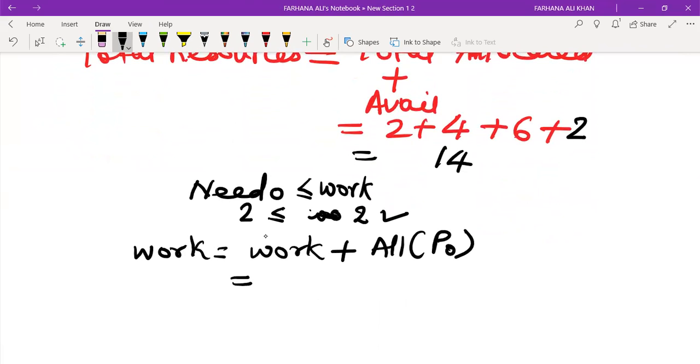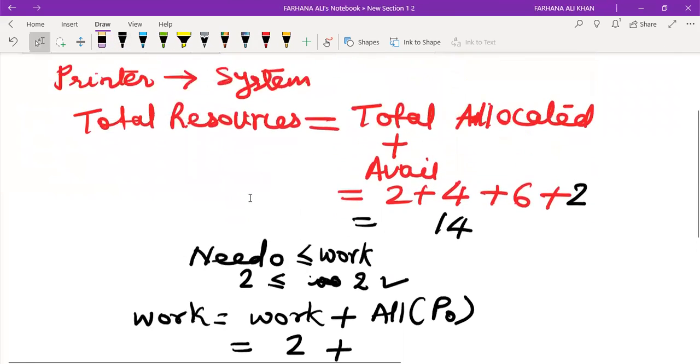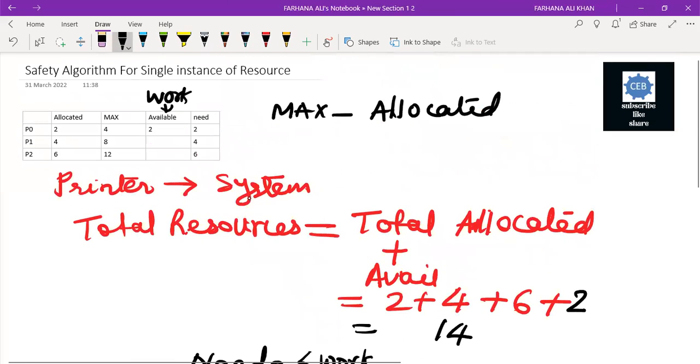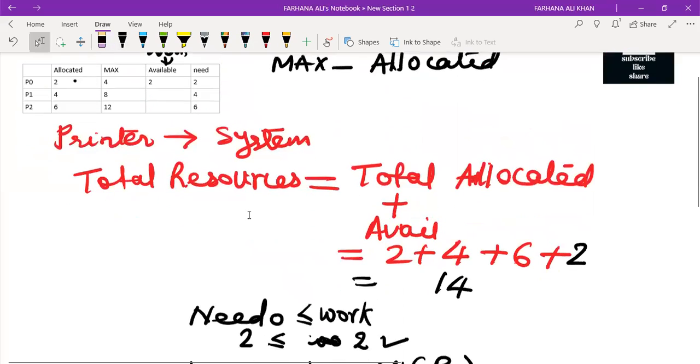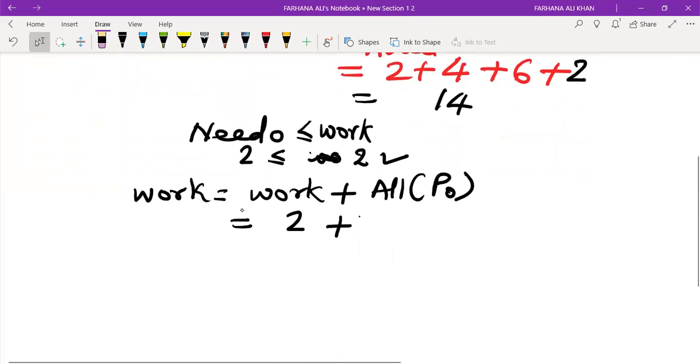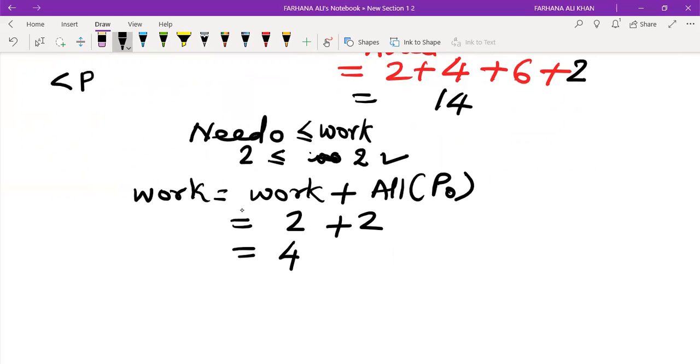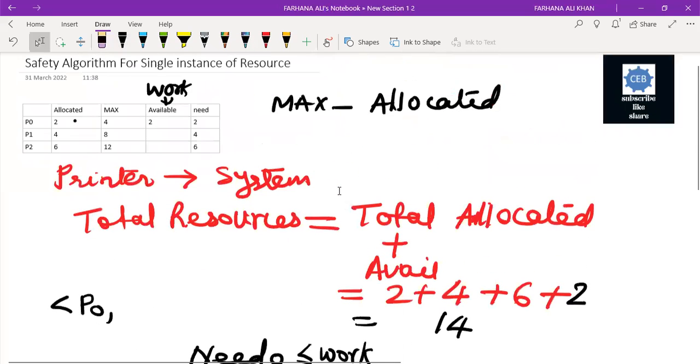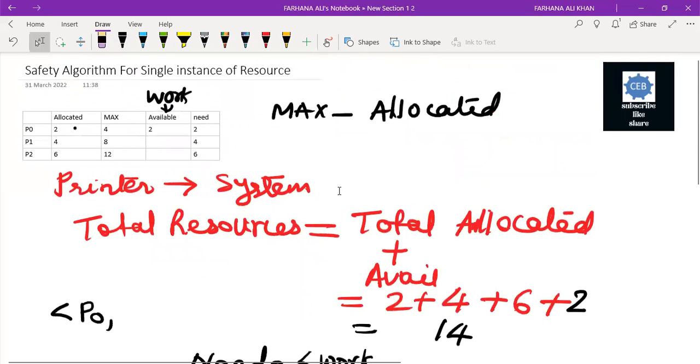Here the work, the number of printers available, is 2, and the resources allocated to process P0 were 2, so that will be added here. The answer will be the total number of printers available in our system. Now we have to write the safe sequence. We have selected P0. After P0 has completed its task, it is going to release the resources and terminate.